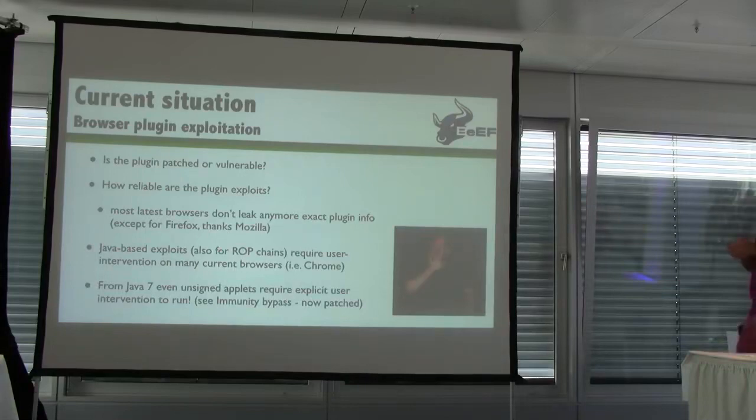So what can you do if you have a browser that is fully patched and is not leaking plugins? Firefox right now is the only browser that still leaks proper build versions just by querying navigator.plugins. All the other browsers just leak the names, so it's not so useful anymore if you want a properly passive approach without injecting applets or Flash to check the version.